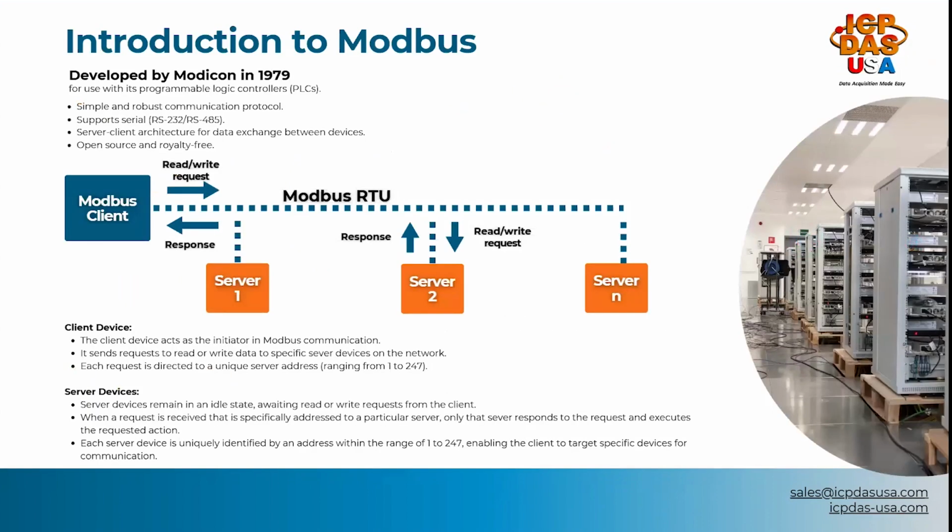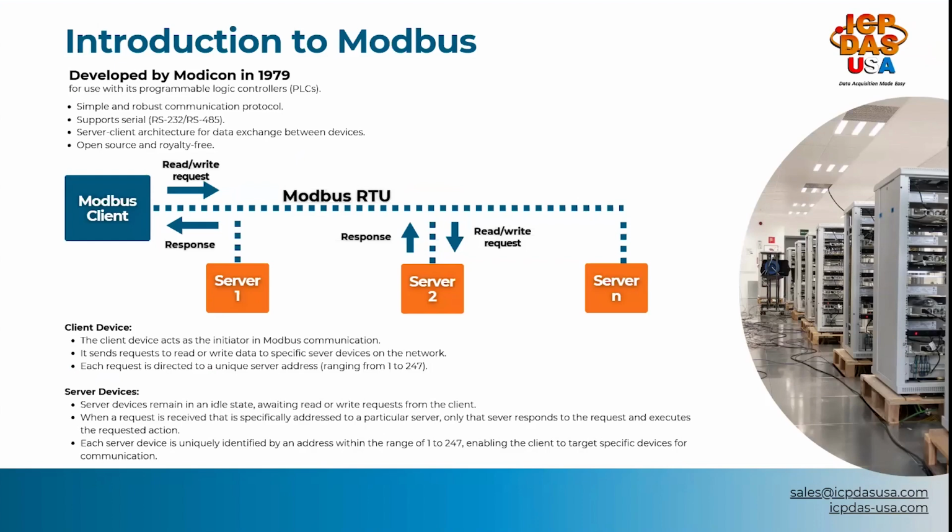Modbus was developed by Modicon in 1979 for use with their programmable logic controllers, PLCs. It has since evolved to become a widely adopted communication protocol used across various industrial automation systems, including HMI, sensors, and other platforms. Modbus RTU works using a client-server architecture.